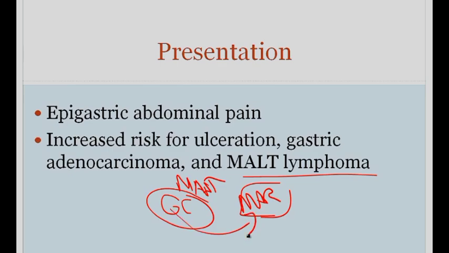And it's this marginal zone that can eventually result in MALT lymphoma. MALT means mucosa-associated lymphoid tissue, and then of course it's a lymphoma. So this is a B-cell lymphoma that can classically be seen within the wall of the stomach. Now, I've already discussed this in extreme detail when we did the white blood cell pathology lecture, so you can review it in your text there as well.